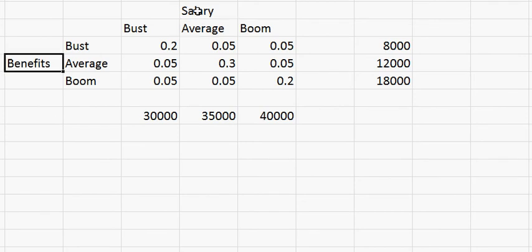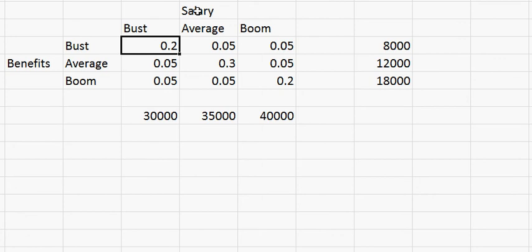I've got salary and benefits, and I've got the probabilities of all of these three different things occurring for both, right? Booms in benefits, average salary, that sort of thing. You can kind of see just by looking at this that they tend to move together a little bit. When it's bad for benefits, it's bad for salary in this example.